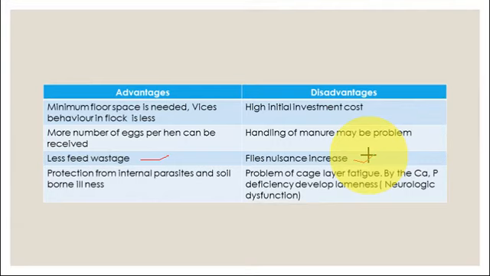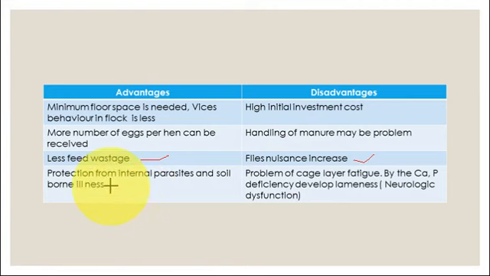So these nuisances will increase. Why? Because in the cage system the droppings are increased, and these droppings are food for the flies. That's why they are attracted. But by maintaining proper hygienic conditions we can prevent this nuisance of flies.